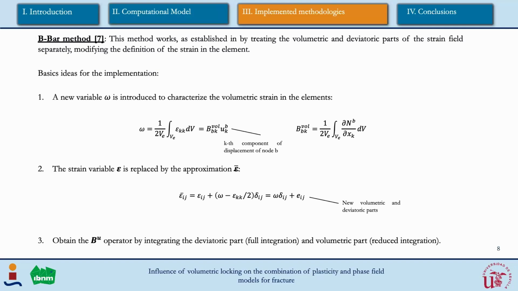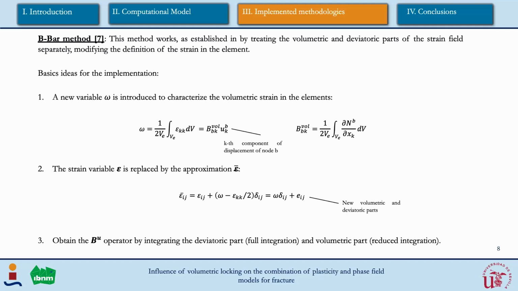The V-bar method mainly works independently on the isochoric part and on the volumetric part of the strain field. How do we do that? With these three bullet points. In the first part, we introduce a new variable known as omega. Omega sets an average value of the volumetric part of the strains in the Gauss points.